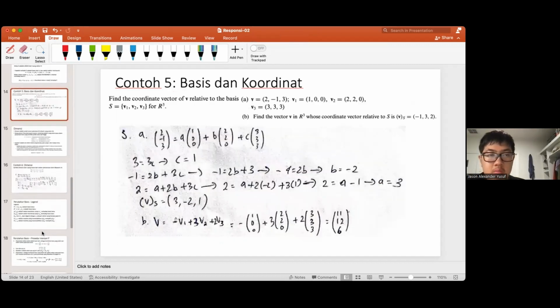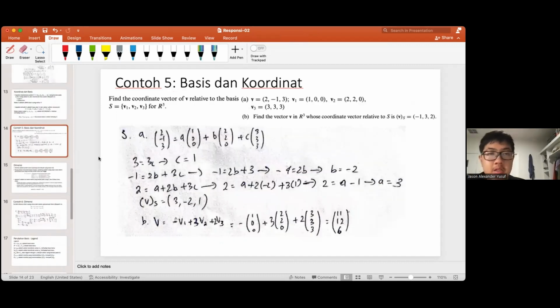And next is an example. So first we're asked to find the coordinate vector of V relative to the basis S, V1, V2, and V3. So this is what we do. First, we equate them. We express it as a linear combination of V1, V2, V3.